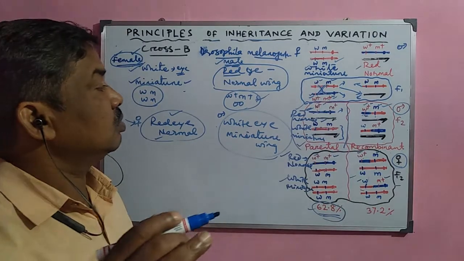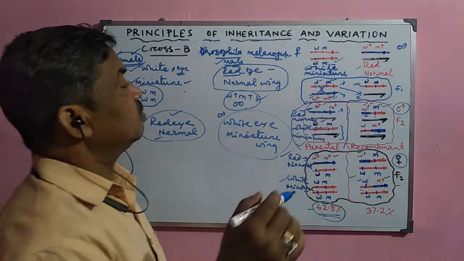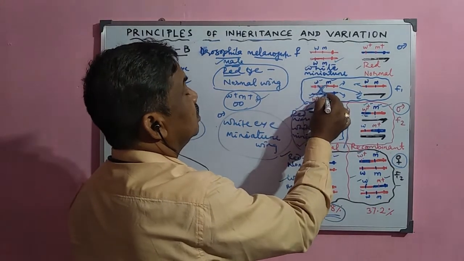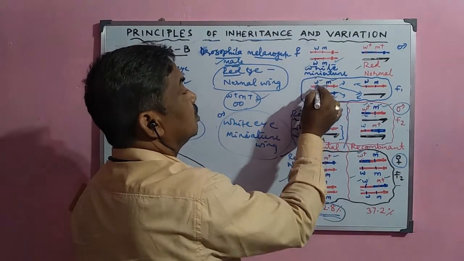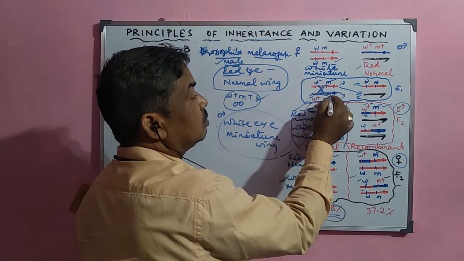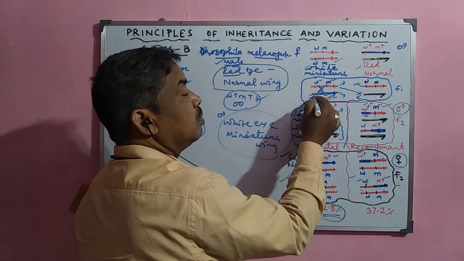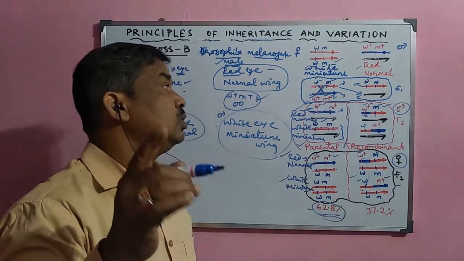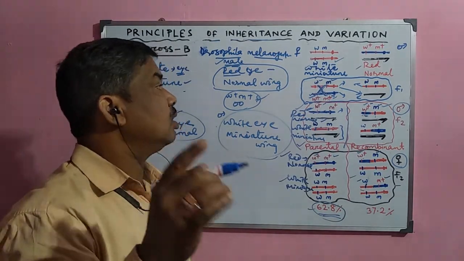So how this happened? This happened again due to this crossing over which occurred here. So that is why the W combines with M plus and W plus combined with M. So this was possible due to the recombination of these genes.